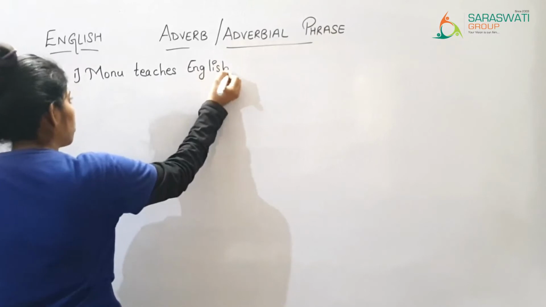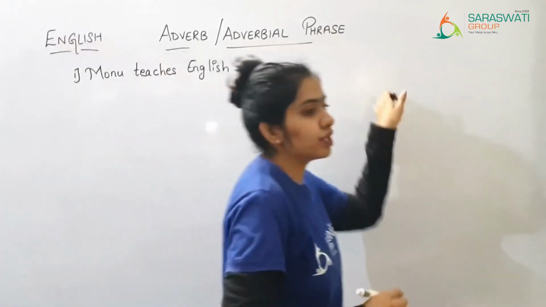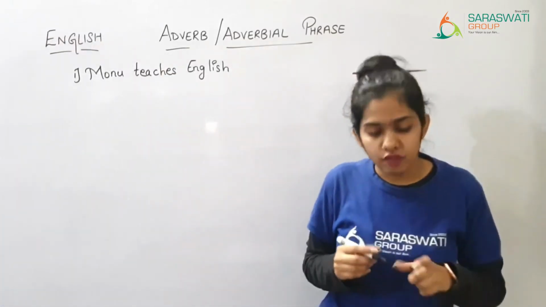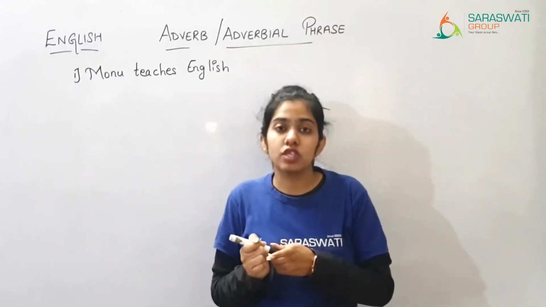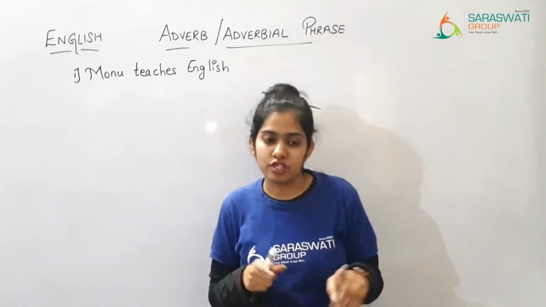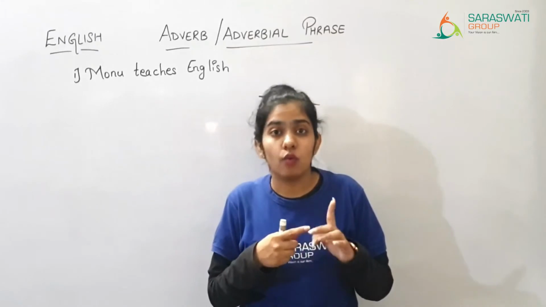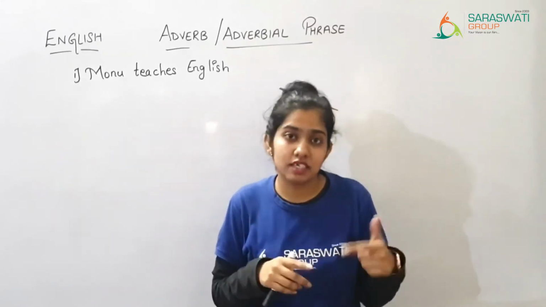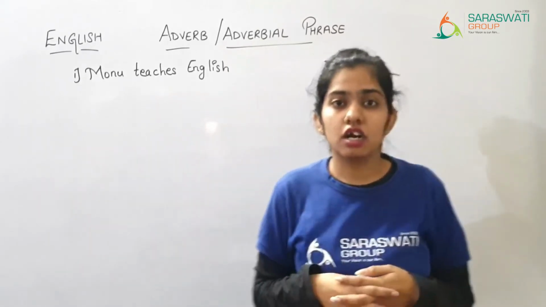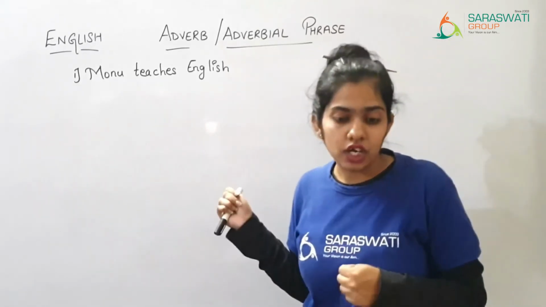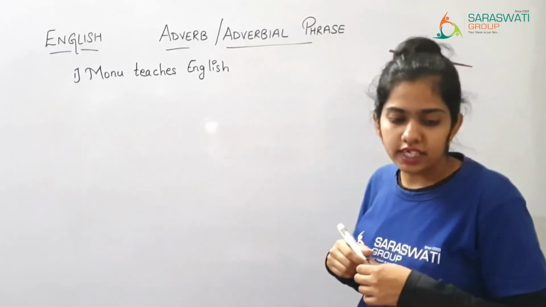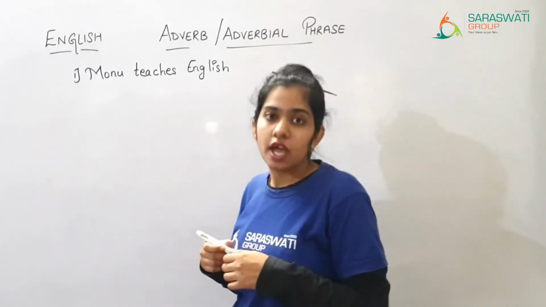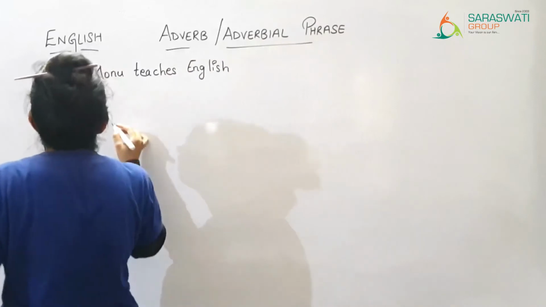Now we are supposed to add the adverbial phrase over here. We will add adverbial phrase with all the 4 types of questions: how, when, where, and why. With the help of this, we will place a different adverb phrase. Okay. So first we are writing that Mono teaches English amazingly well.